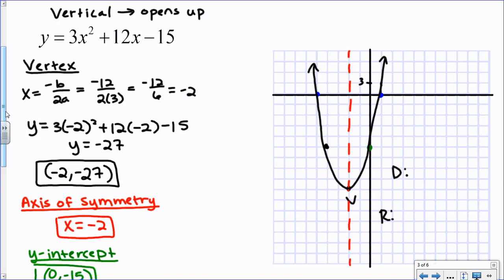Alright, I want to talk about domain and range. It's been a little while since we've done domain and range, but when we have the graph, it's not too bad. So remember, domain is your x values, range is your y values. So x is an element, y is an element.